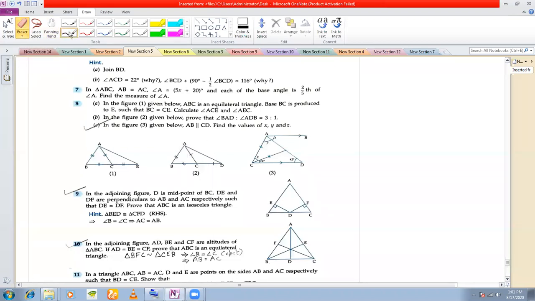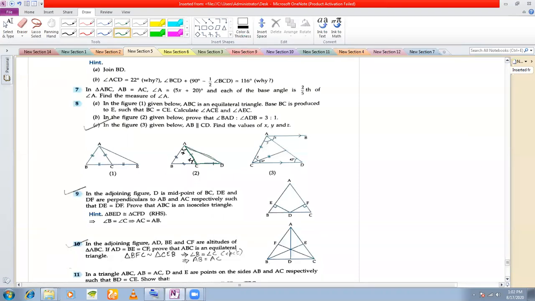Now see, consider this red triangle first. This is an isosceles triangle because these two sides are equal. So therefore, the angles opposite to the equal sides must be equal. So therefore, this angle must be equal to this angle. Let us take them to be x. Now consider this green triangle.